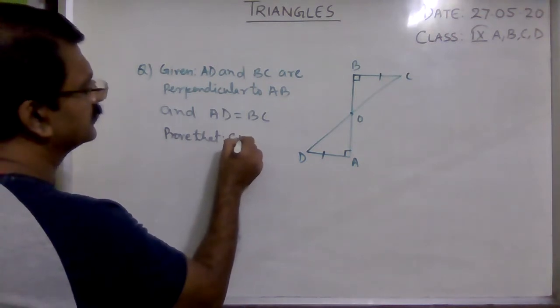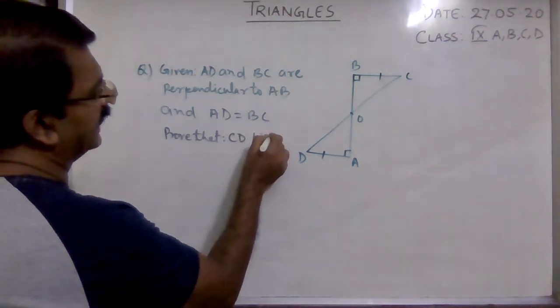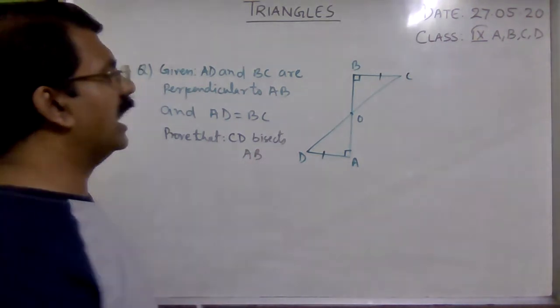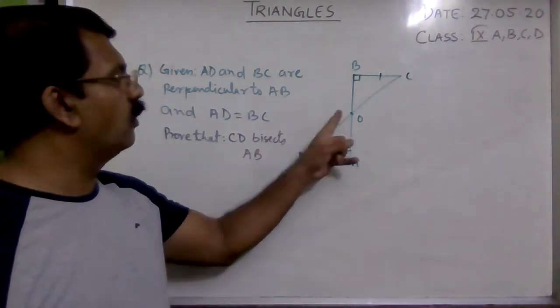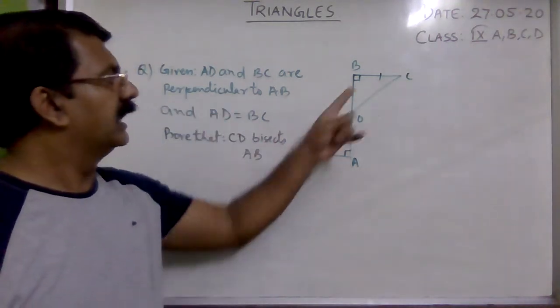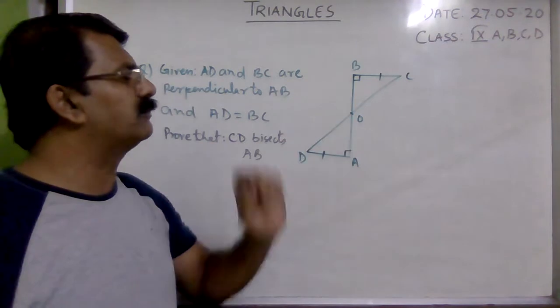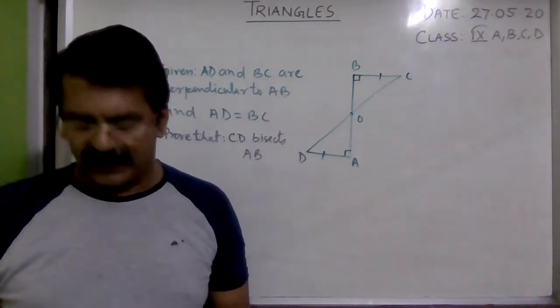CD bisects AB. Means you have to prove that O is the midpoint of AB. You have to prove that CD bisects AB, means you have to show that O is the midpoint of AB.